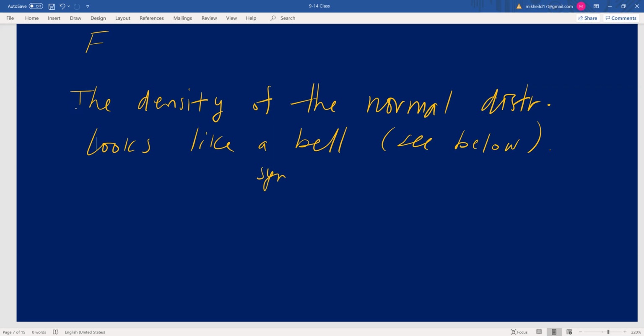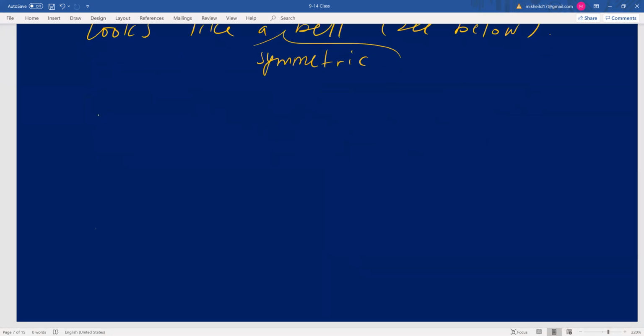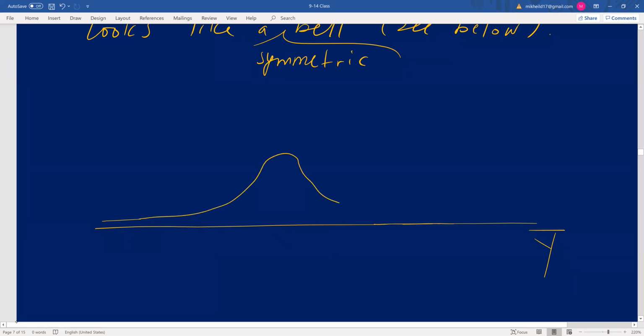Symmetric bell. So here I have this y bar, and this is a... I really tried to have a symmetric, bell-shaped distribution.